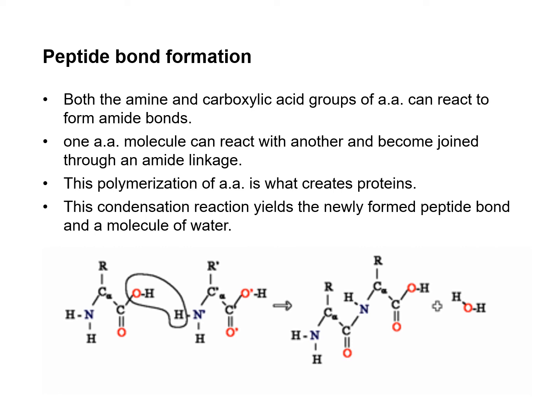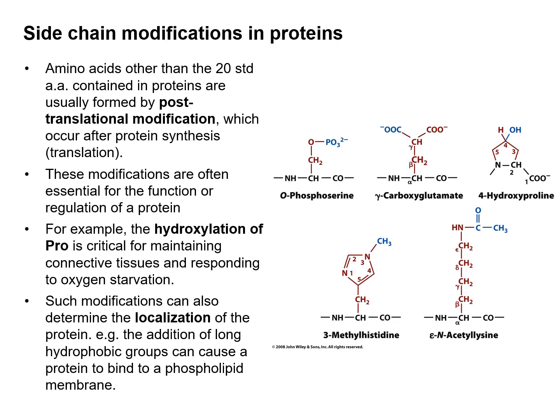We also talked about peptide bond formation, where the carboxylic acid group, or carboxylate group, and the amine, or amino group, interact with each other and release a water molecule to form the peptide bond. And there are some modifications on the side chains that are important for some biological functions and biochemical reactions, called post-translational modifications.